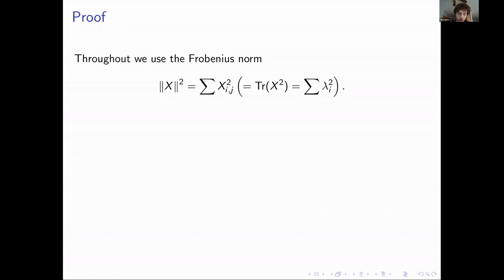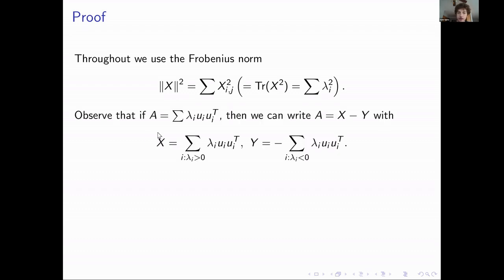But one idea you can do for this, which I believe originates with Ando and Lin, is you can take the spectral decomposition for A, and then write A as the difference of two matrices, X and Y, where X is the part of the spectral decomposition of the positive eigenvalues, and Y is the negative of the part with the negative eigenvalues.